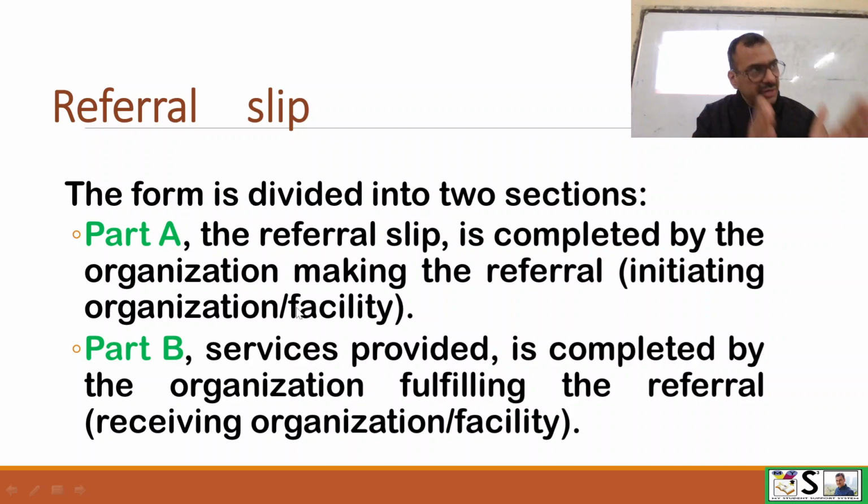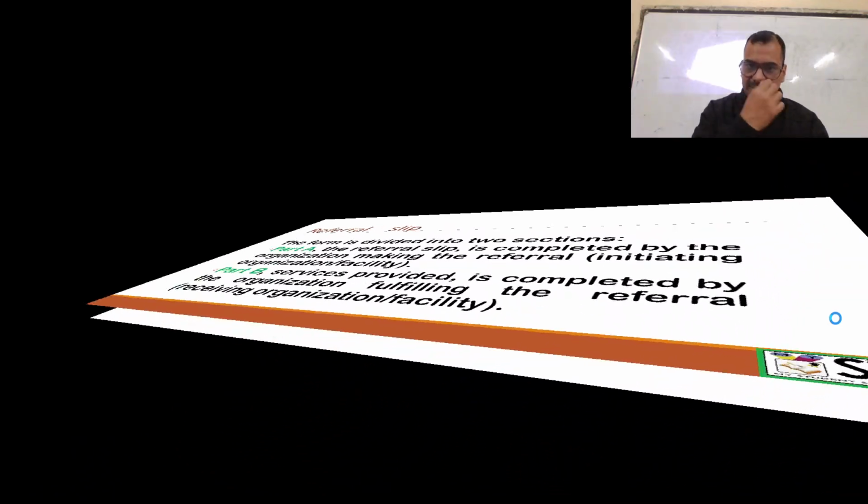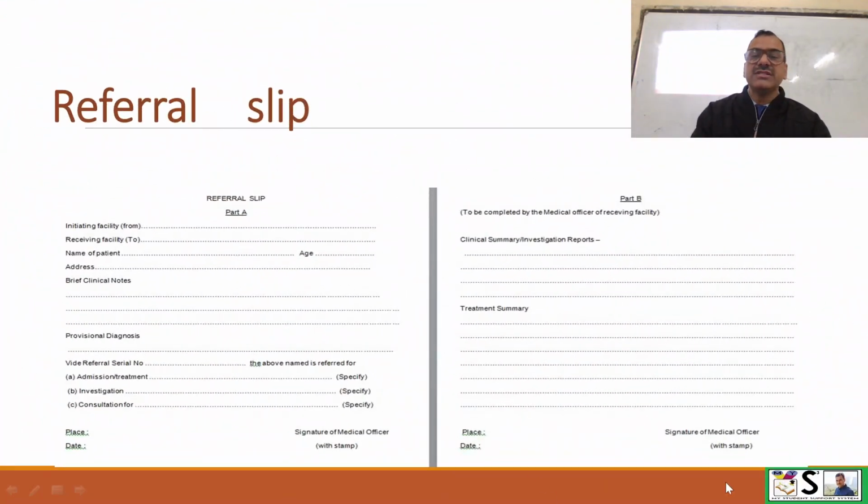They will fill part A, and the medical officer of the receiving facility will fill part B. So this is the referral slip. You can see this is the sample referral slip, part A and part B. Part A contains the name of the initiating facility, meaning our PHC from where we are sending, and it also states the receiving facility to where we are sending.